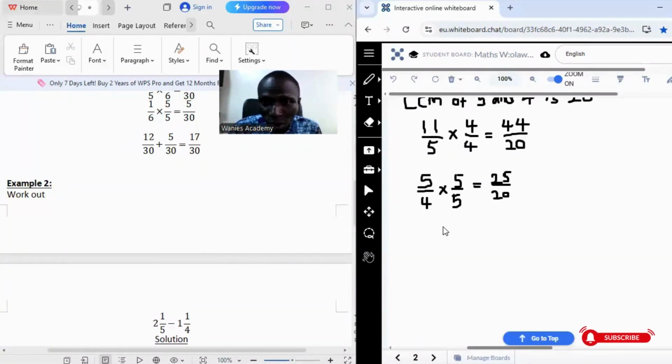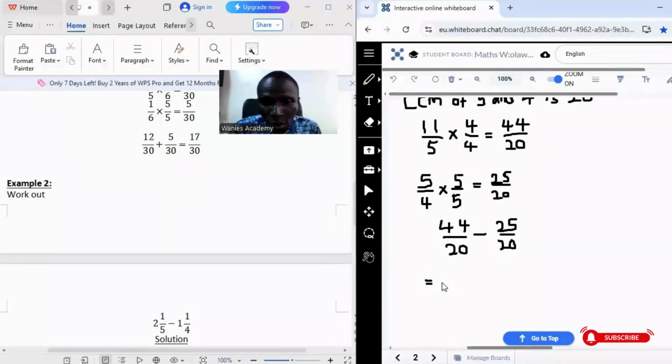So we're going to have this to be 44 over 20 minus 25 over 20. So we are only subtracting the numerators.